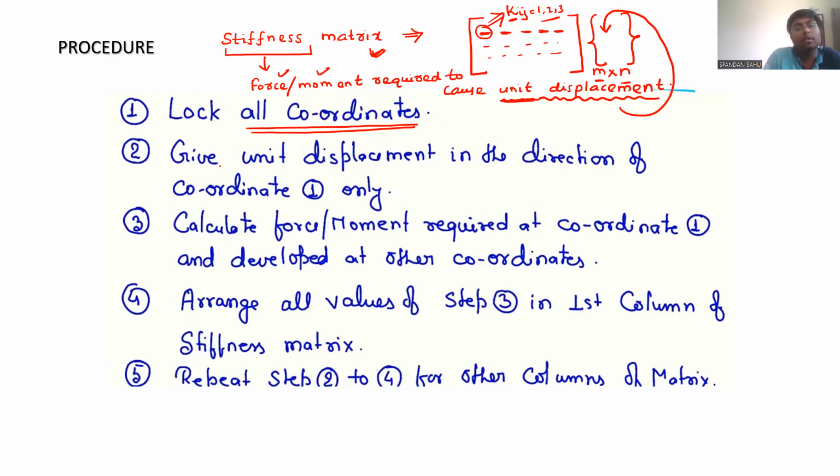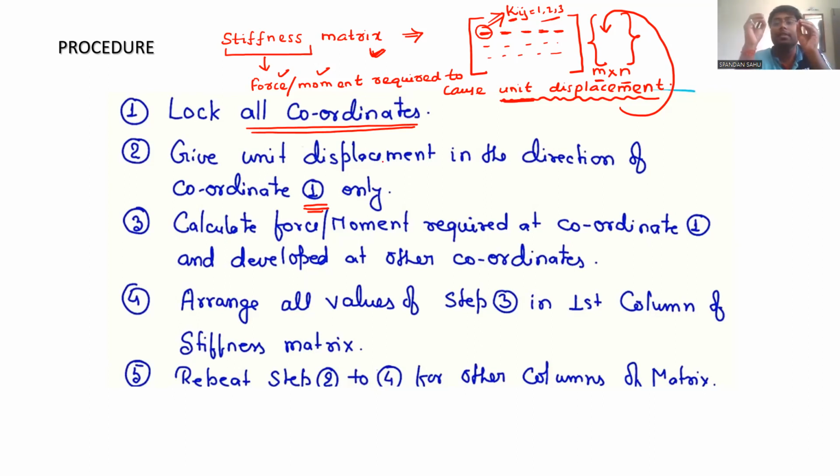Second point. Give unit displacement in the direction of coordinate 1 only. Why unit displacement? Why not something else? To determine the stiffness, as per the definition of stiffness.